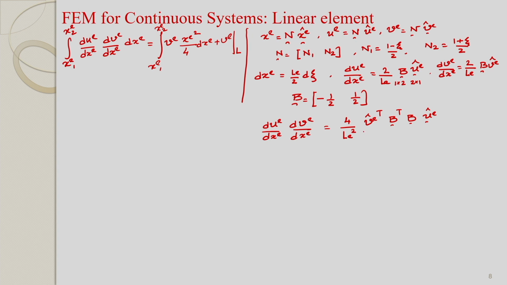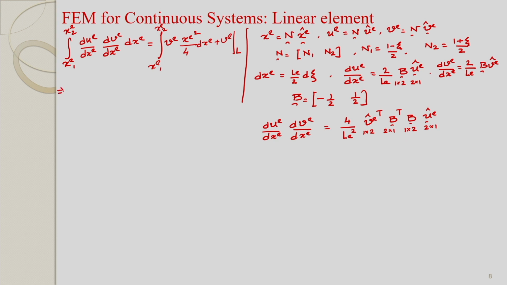So, 1 cross 2, 2 cross 1, 1 cross 2, 2 cross 1. Finally, this will give us 1 cross 1, which is this scalar quantity.